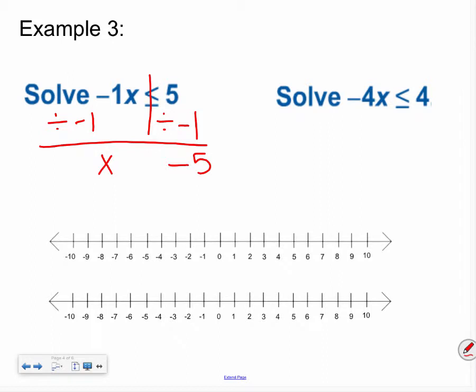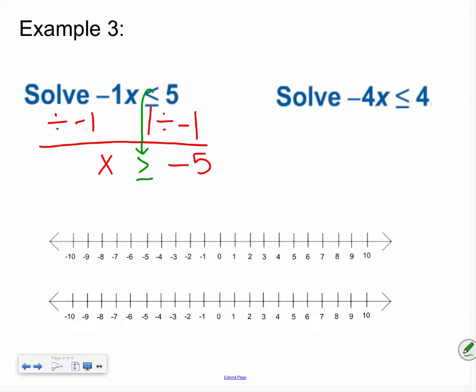Now be careful. The way this works is whenever you divide by a negative number on both sides of the equation, that means that you take your sign from up top here and you flip it.